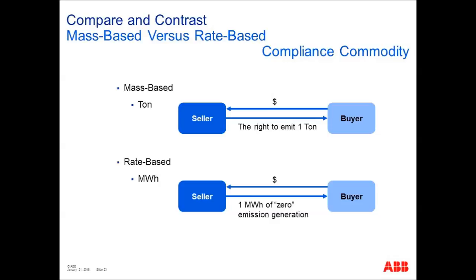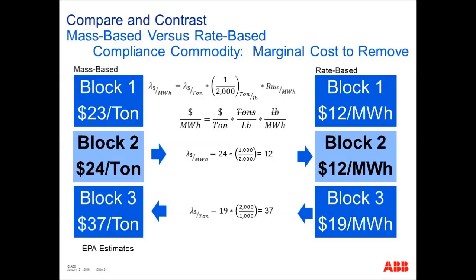So the next big question is, what is that price? What I've done is taken from the Federal Register the mass-based block prices that EPA estimates. This is based on $30 a ton, and then I moved the associated Block 1 heat rate, Block 2 gas, and Block 3 renewable components.